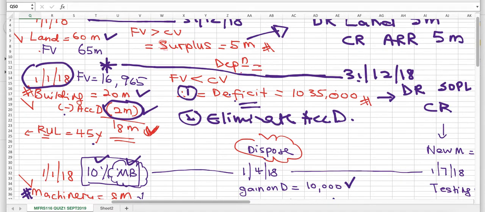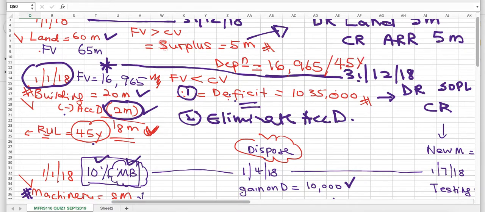Depreciation after revaluation would be based on the revalued amount. The revalued amount is 16,965. And you will divide by the useful life. Given is 45 years. So you divide by 45 years.